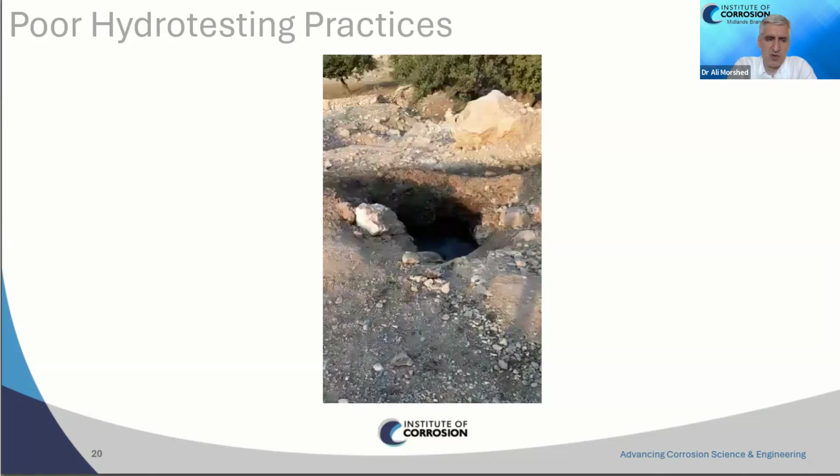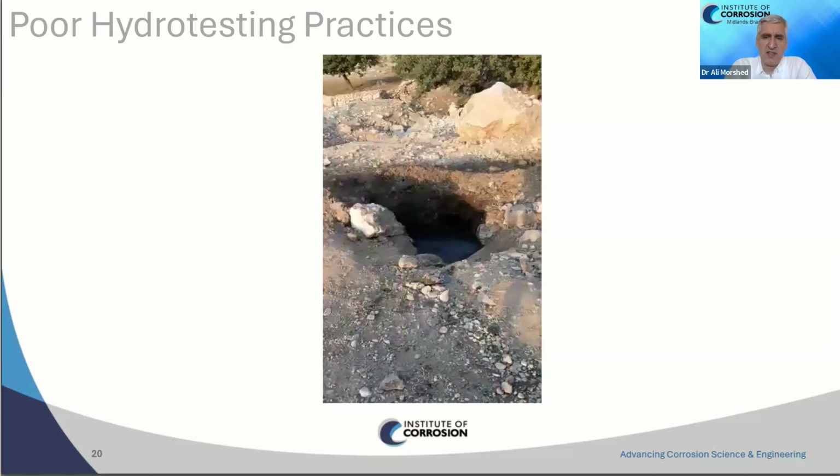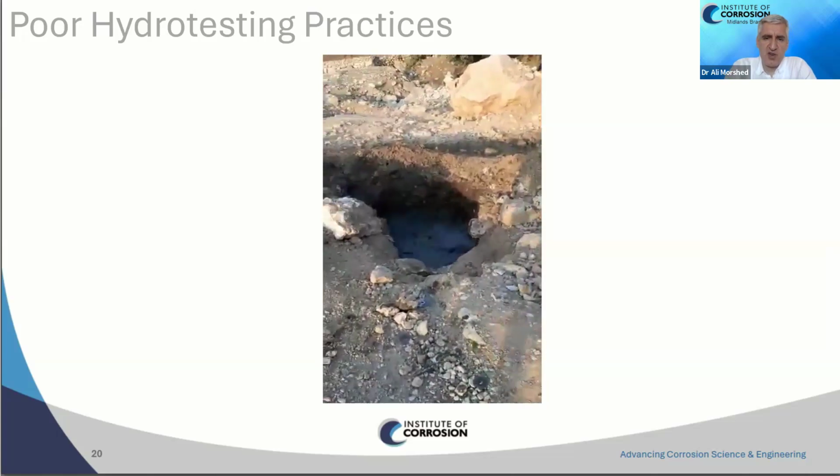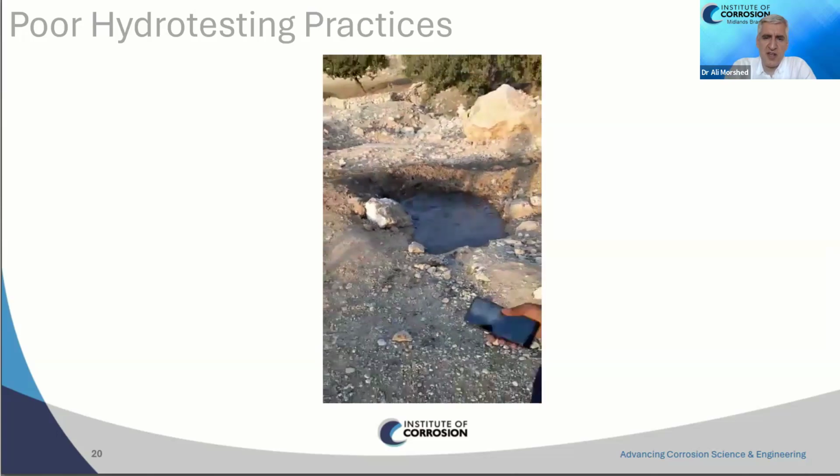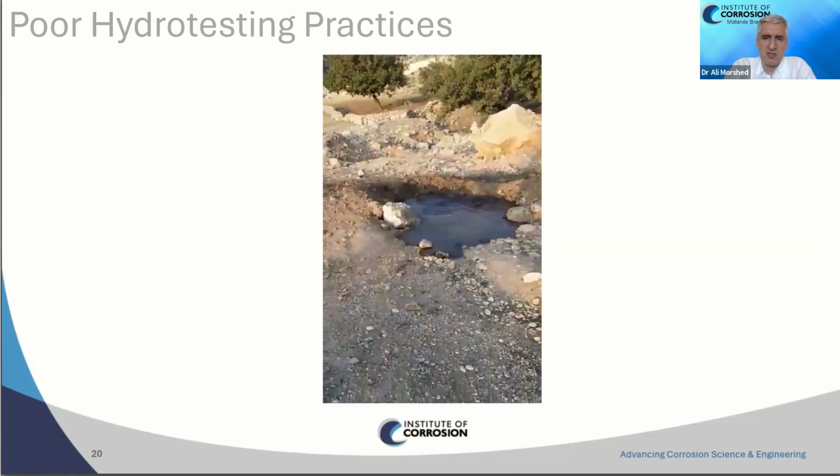After a couple of hours, they broke into the system. And this is the clip we received from that brand new pipeline, which was supposed to be carrying dry natural gas. Just look at the color of the water which is coming out of this break in the pipeline.